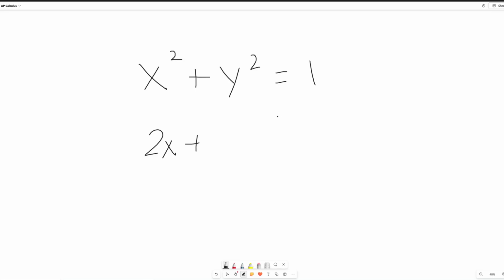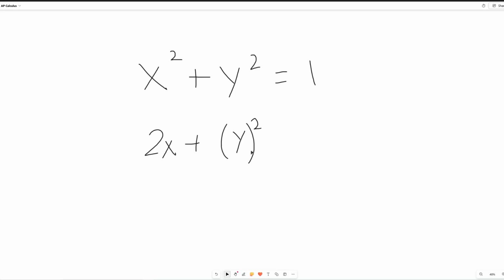If you were to take dy over dx of some sort of y function, right? That doesn't really make any sense. So what we have to think about here is the chain rule. So this y squared function is essentially y on the inside as its own function inside of x squared.